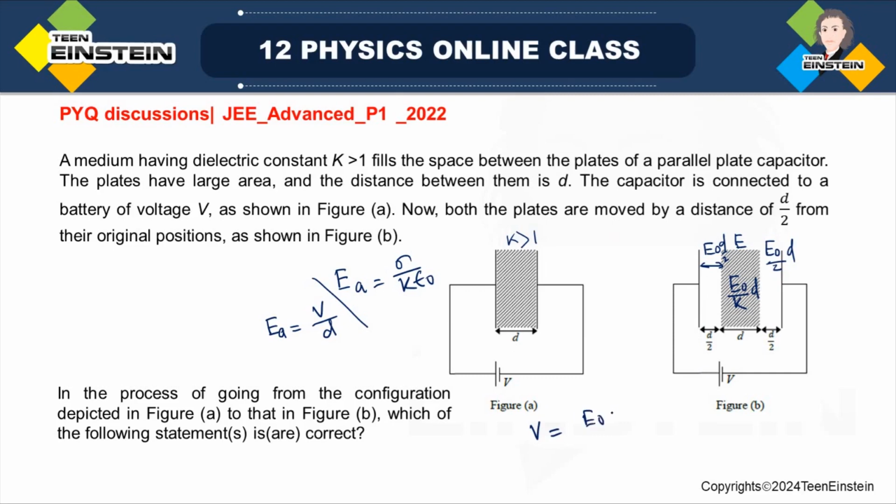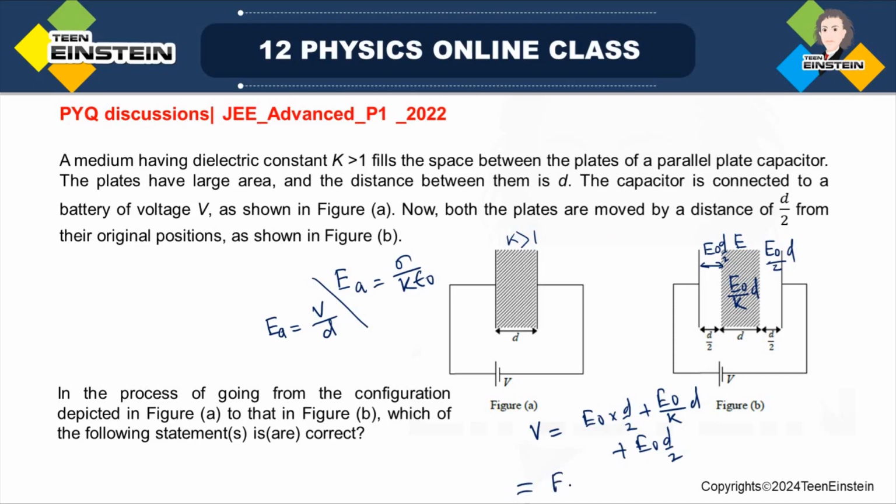E0 into d by 2 plus E0 by k into d plus this one E0 d by 2, right? Now see, this is E0 d by 2 into 2, so this will give you E0 d.